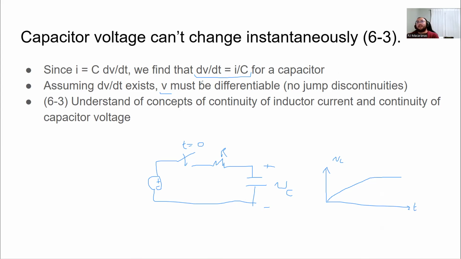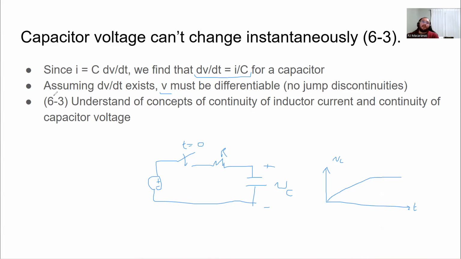If the voltage isn't differentiable, then this dV by dt doesn't have a solution. So this means that there aren't any jump discontinuities, which just means that the voltage can't change instantaneously.